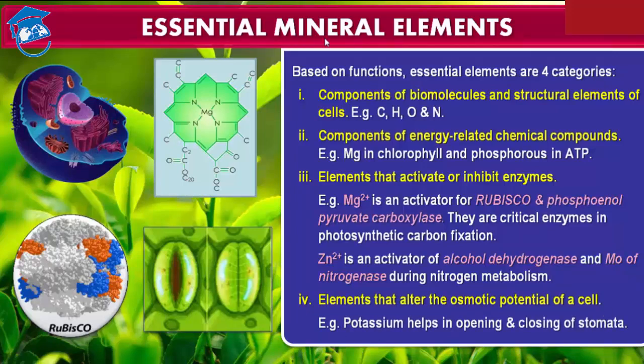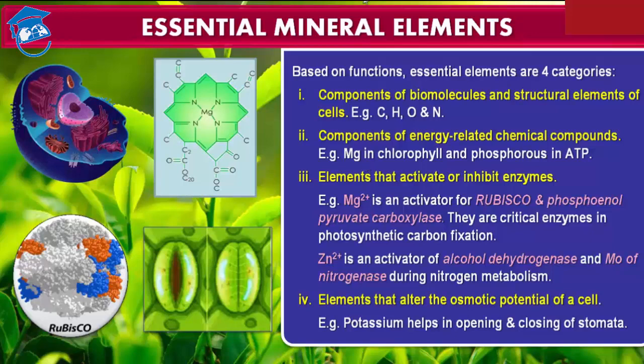So these are the four categories of essential elements based on function. First, when an element acts as a structural element, this is the first category, and examples are carbon, hydrogen, oxygen and nitrogen, students. The second category is energy related chemical compounds, for example magnesium in chlorophyll and phosphorus in ATP.